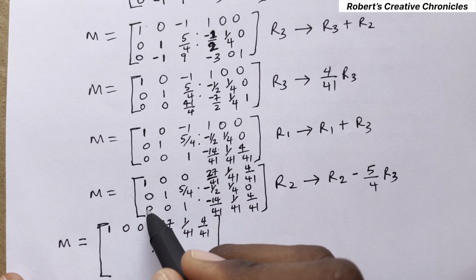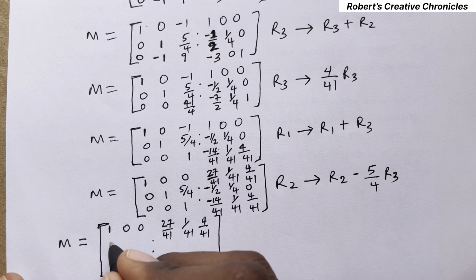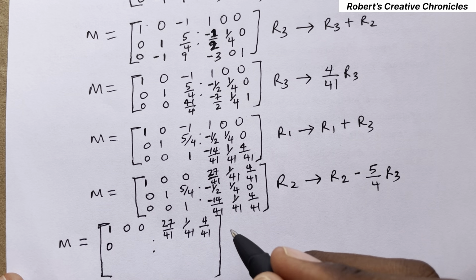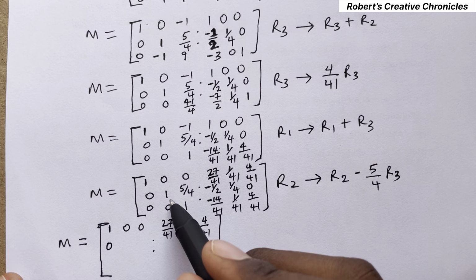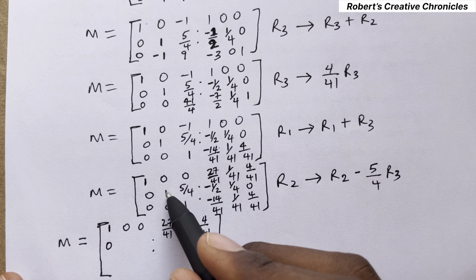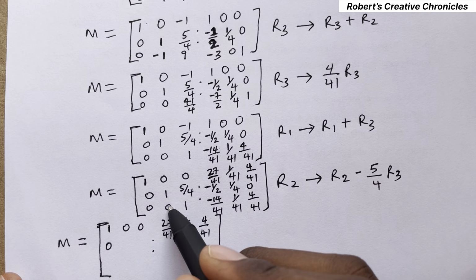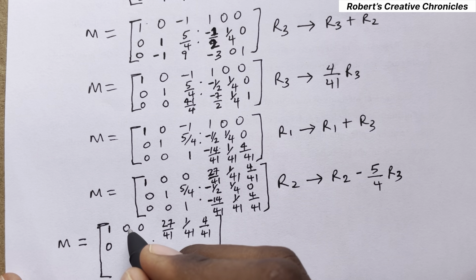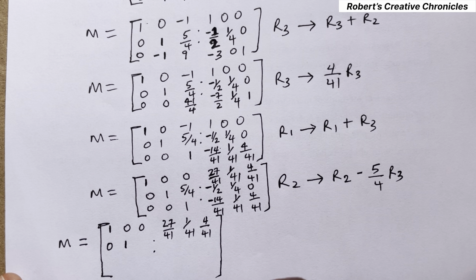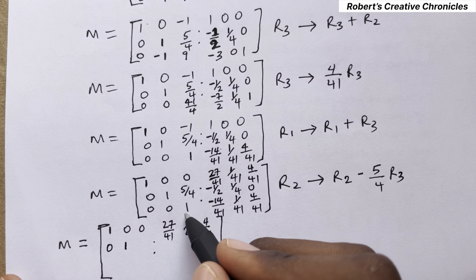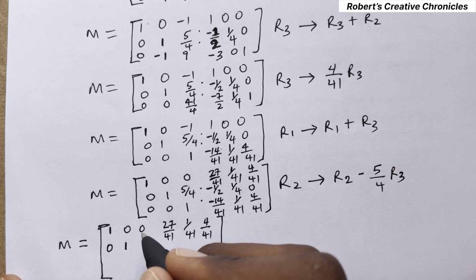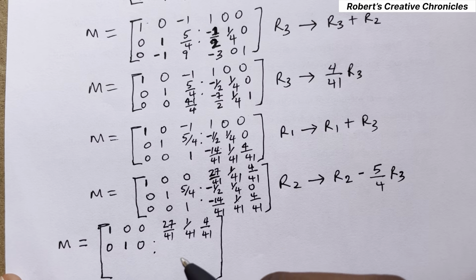So this will be 0 minus 5 over 4 times 0, which is 0. Then this is 1 minus 5 over 4 times 0, which is 1. Then this is 5 over 4 minus 5 over 4 times 1, which is 0.